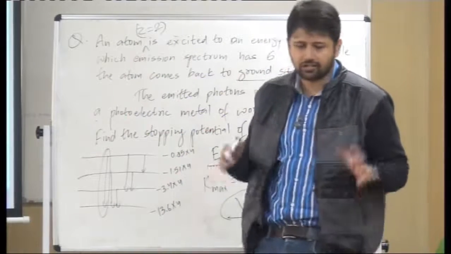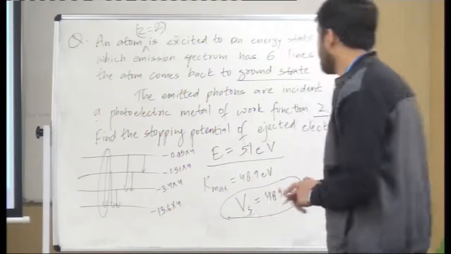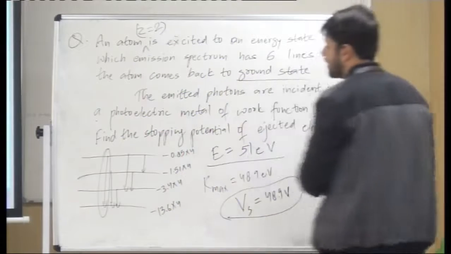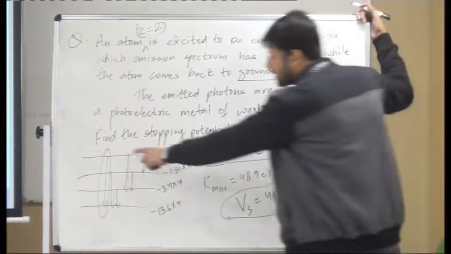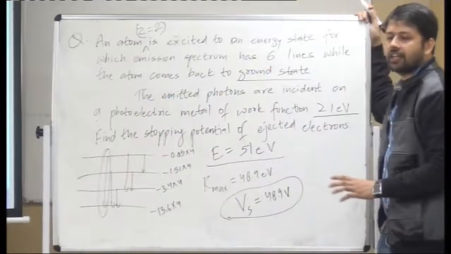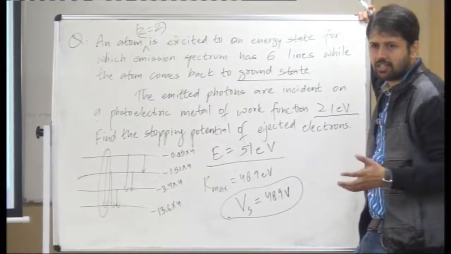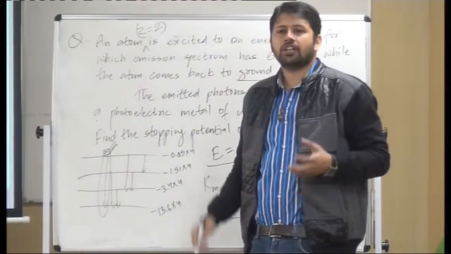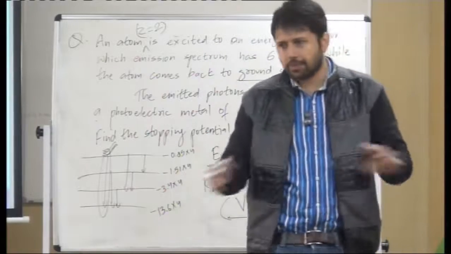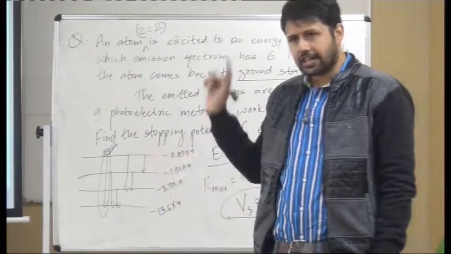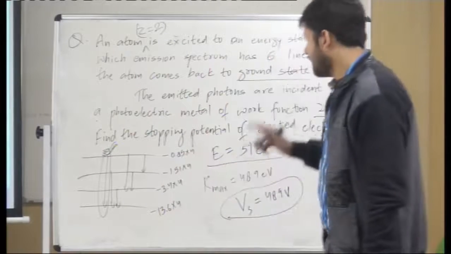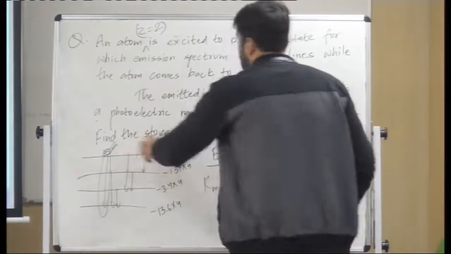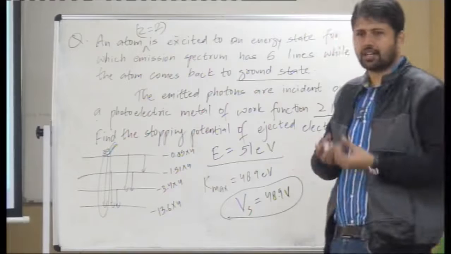Okay, the logic which I applied, there can be 6 type of photons, but only this photon would give me an electron of maximum energy. Only this photon, this highest energy photon, would eject electron with maximum kinetic energy in photoelectric effect, right? It has highest energy, it would give me an electron of highest kinetic energy.